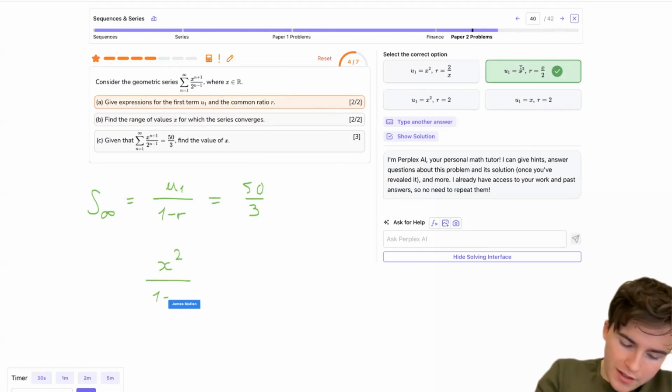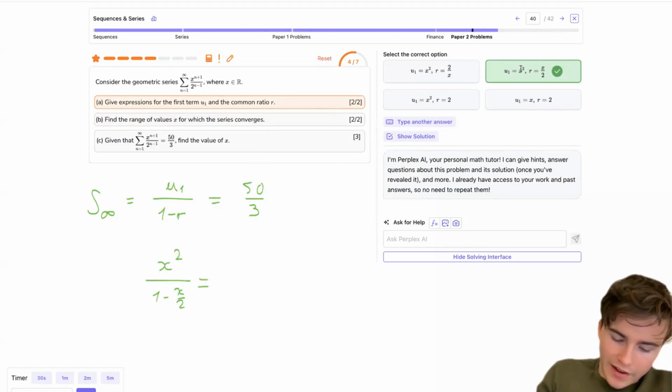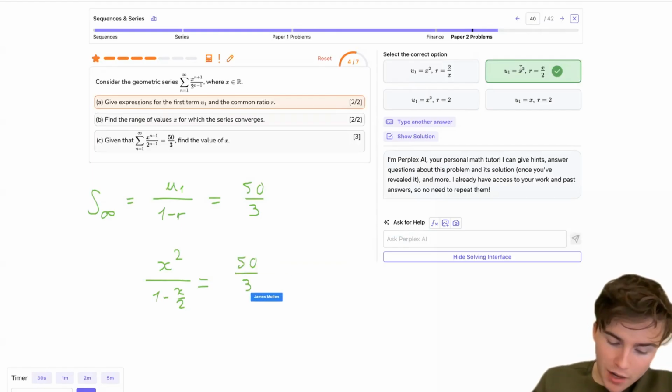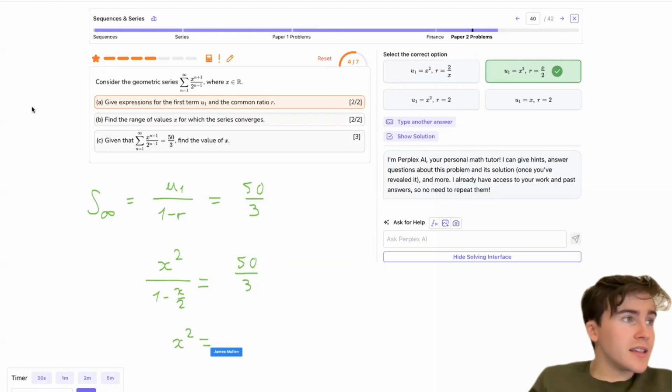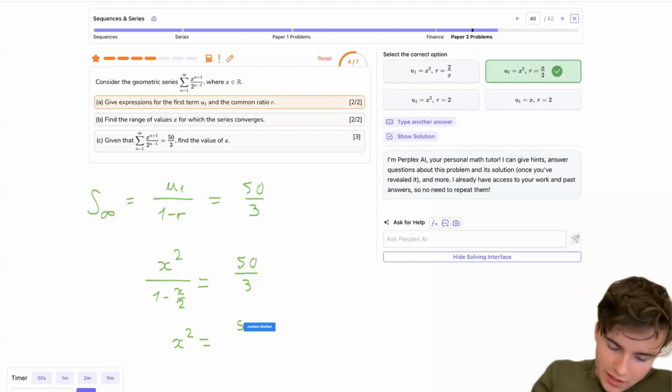So this is 1 minus x over 2. If I set that equal to 50 over 3, and now I multiply both sides by 1 minus x over 2, I'm going to get x squared is going to be equal to 50 over 3 times 1 minus x over 2.